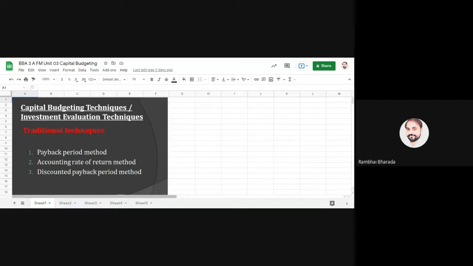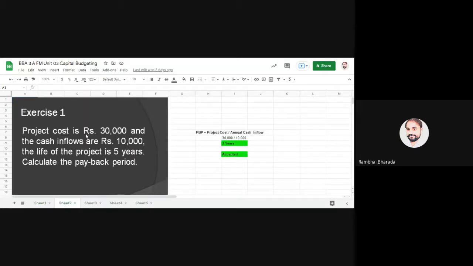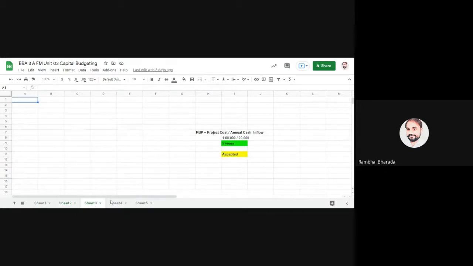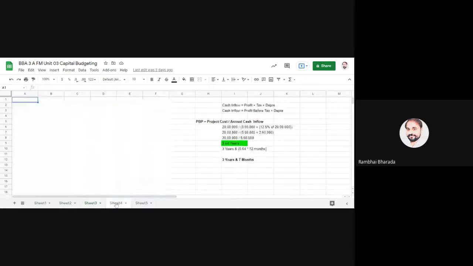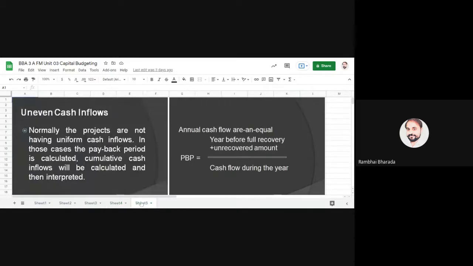Already we have started a practical question about method 1, and that is payback period. We have done the practical question number 1, 2, and 3. Am I right? Now we are in the next method. Actually, it is not the next method, but the next type of practical question in payback period.